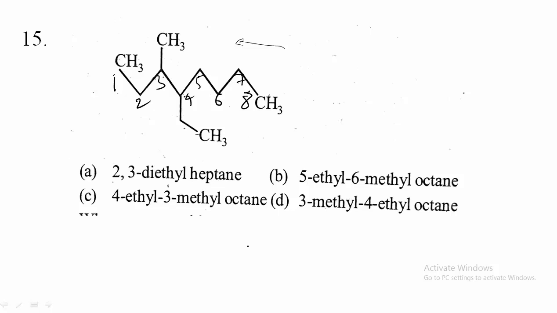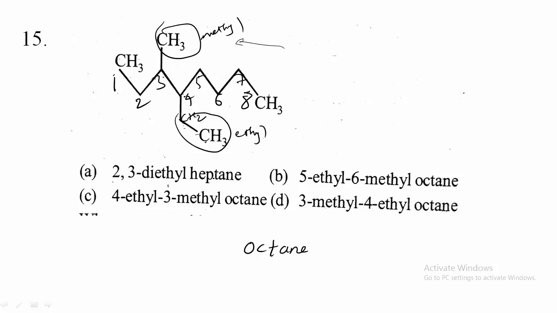Now what is the name of this compound? 8 carbon atoms are there, so octane, all are single bonds. And at what position are the ethyl and methyl groups? Here they have given a bond line notation. Here there is a presence of CH2, so CH2 CH3 is ethyl. And here at third position methyl is there. Which one will you take first?